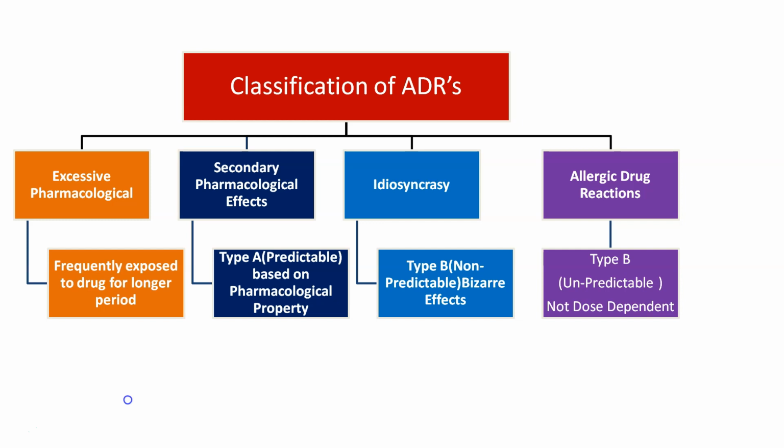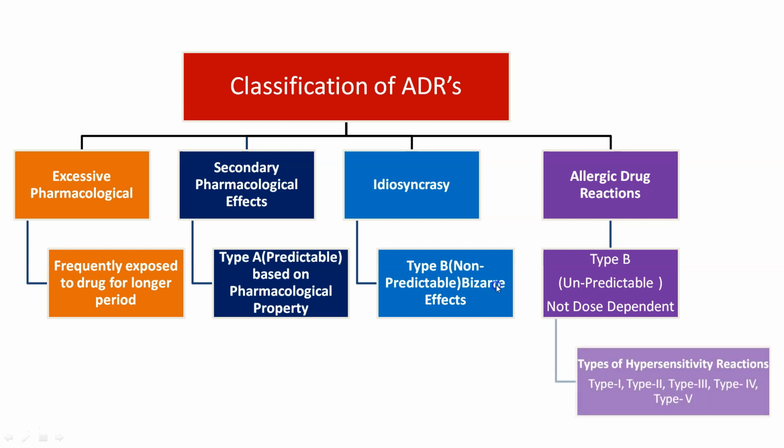We can see this is type A, while idiosyncrasy and allergic drug reactions are type B in nature. Both are type B, not dose dependent and unpredictable. And as examples of type B adverse drug reactions under allergic drug reactions, we have seen all types of hypersensitivity reactions like type 1, type 2, type 3, type 4 and type 5.